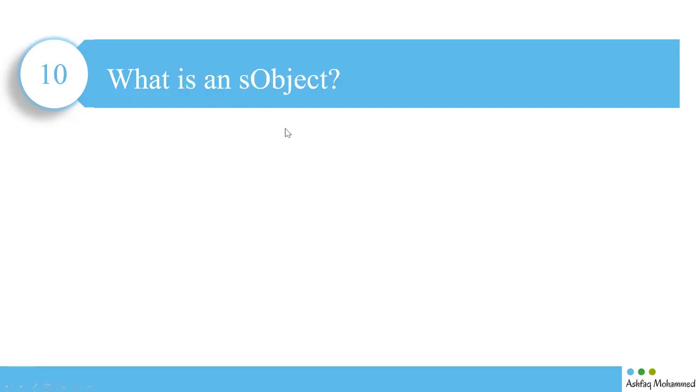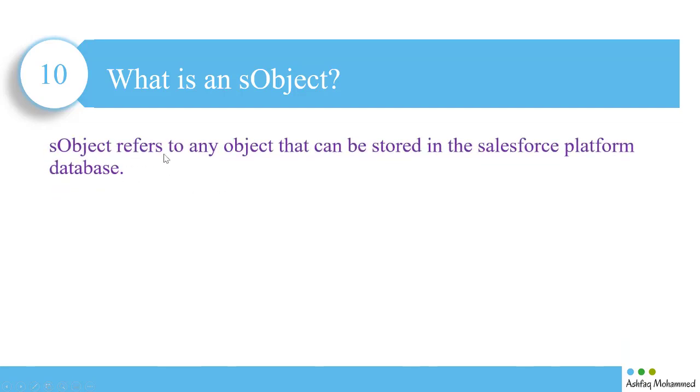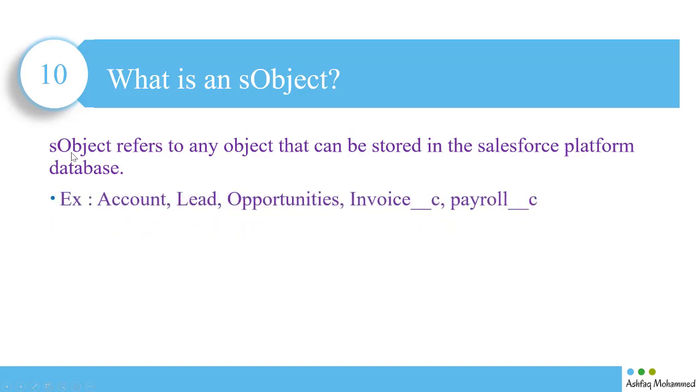What is an sObject? This is another data type. An sObject refers to an object that can be stored in a Salesforce database. sObject means Salesforce object. In Salesforce we don't call them tables; instead of table we call them objects. So don't get confused. In Salesforce, an object means a database table.